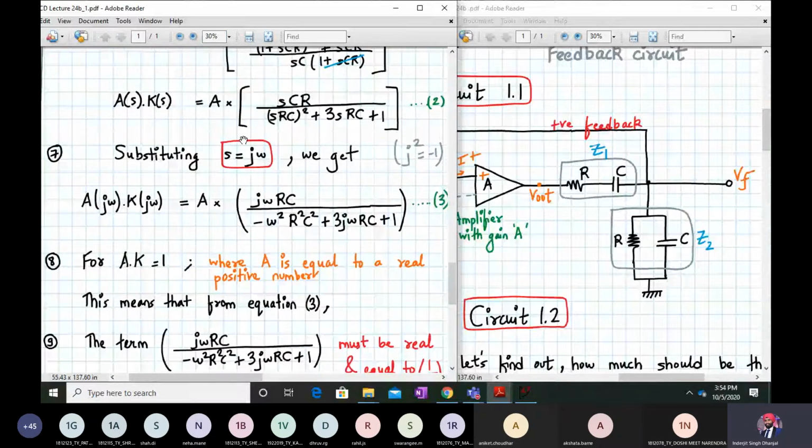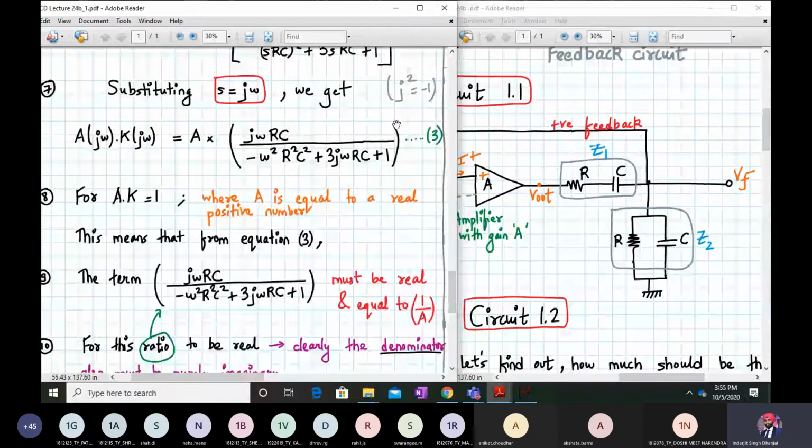Now, in order for A into K to be equal to 1, remember, A into K has to be 1, right? So 1 is a real number, so A also should be a real positive number. This means from equation number 3 that this term, j omega RC upon minus omega square R square C square plus 3 j omega RC plus 1, must be real and must be equal to 1 upon A, correct?